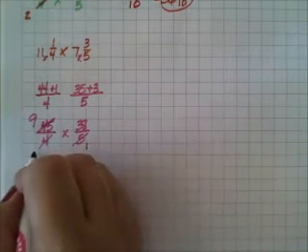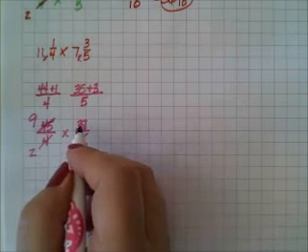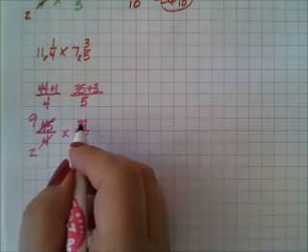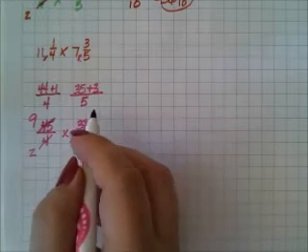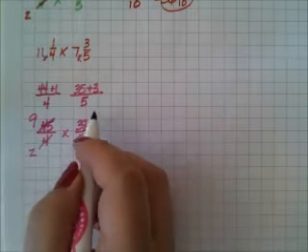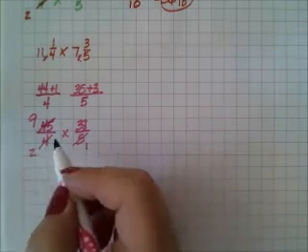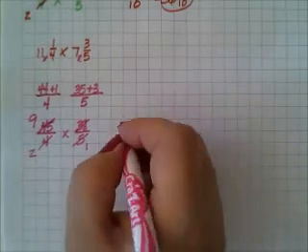So 4 divided by 2 is 2. And how many times does 2 go into 38?